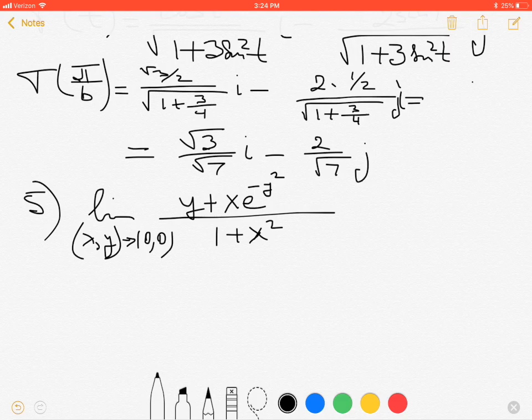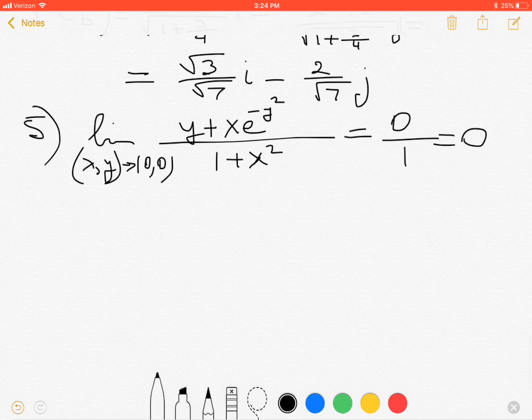Easy as possible. Plugging in 0, 0, you have 0 in the numerator and 1 in the denominator, which will be 0. Okay.